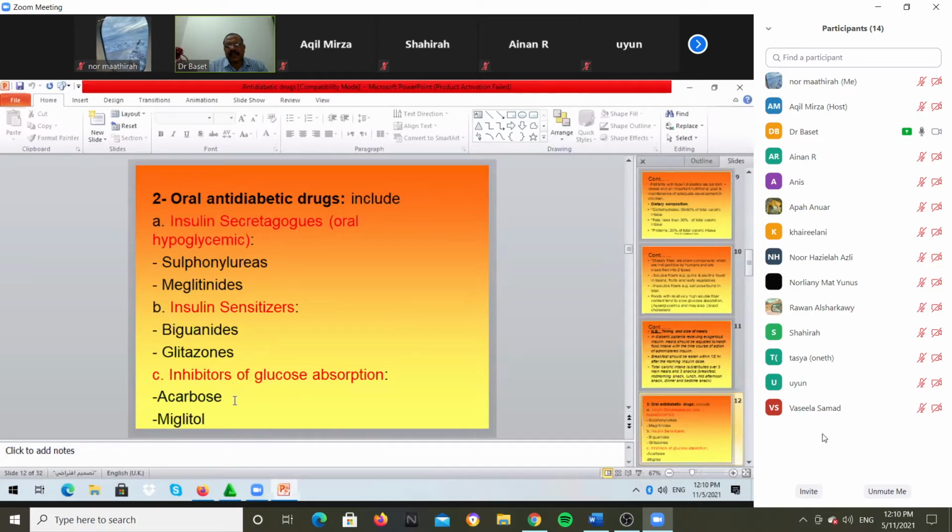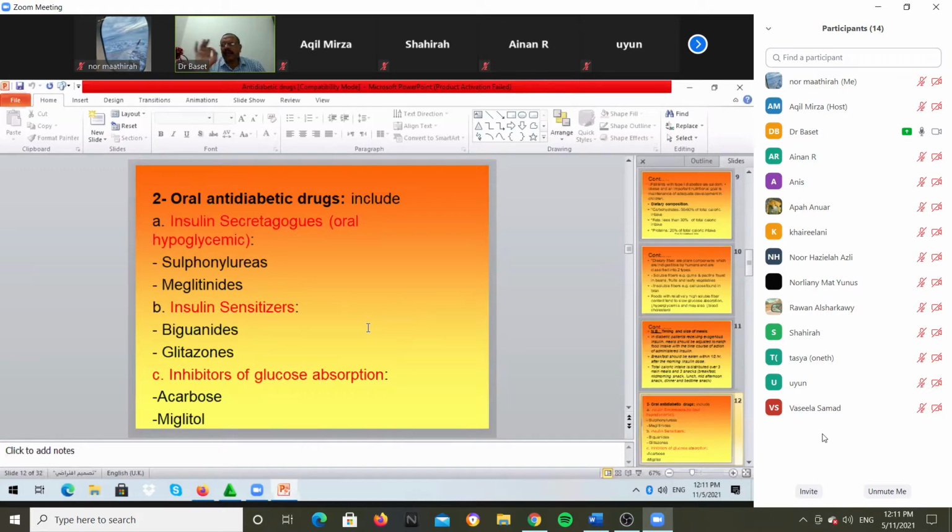The most important is acarbose, less important miglitol. So our main classes are parenteral insulin and oral antidiabetic. This oral antidiabetic will be further subdivided into three classes: insulin secretagogues, insulin sensitizers, and inhibitors of glucose absorption.